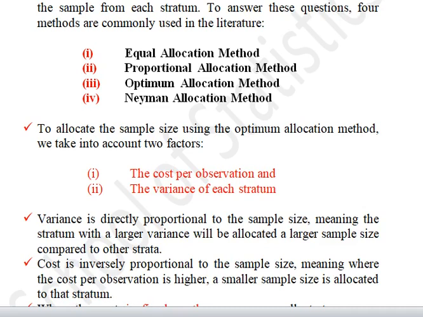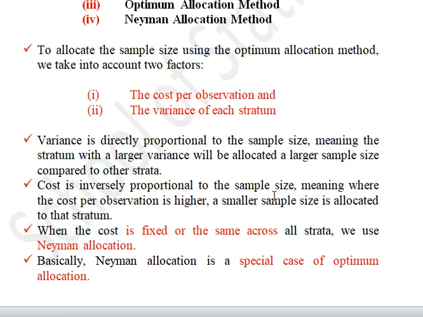And cost is inversely proportional to the sample size. Meaning where the cost per observation is higher, a smaller sample size is allocated to that stratum.